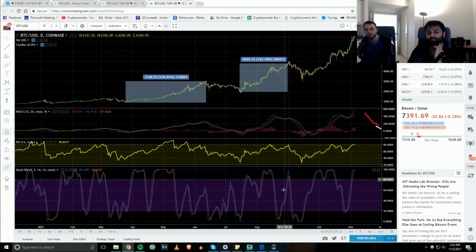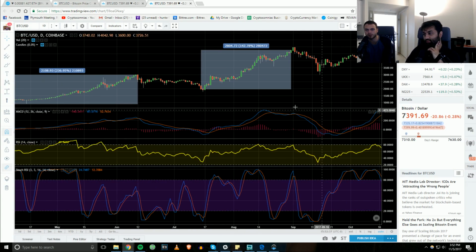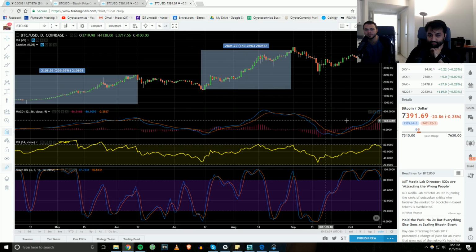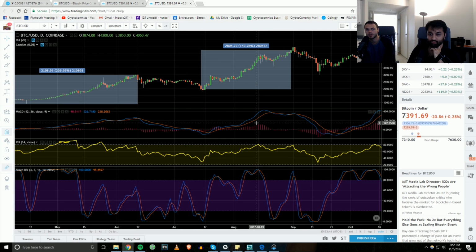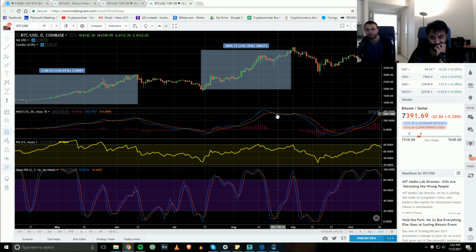So you can use the stochastic RSI in tandem with the RSI to just give you a general direction of where things are going, and then you can kind of cross-check it here on this normal RSI. Right. You never really want to use just one indicator alone by itself. Of course, there's plenty of examples that you could probably cite out in the MACD here that don't necessarily give you great information. So, for example, even here, this little ride right here, you see how we kind of are in a downward movement, yet the price action goes up.